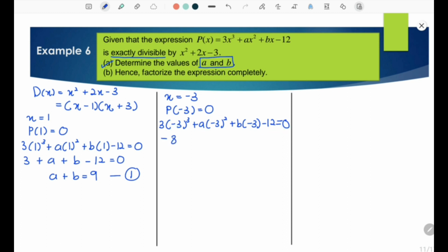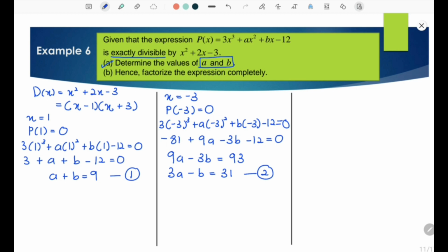We get negative 81 plus 9a minus 3b minus 12 equal to 0. So we get 9a minus 3b equal to 93. I'm going to simplify this equation by dividing by 3. So we get 3a minus b equal to 31 as the second equation.